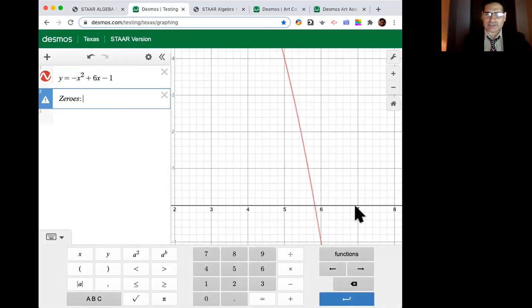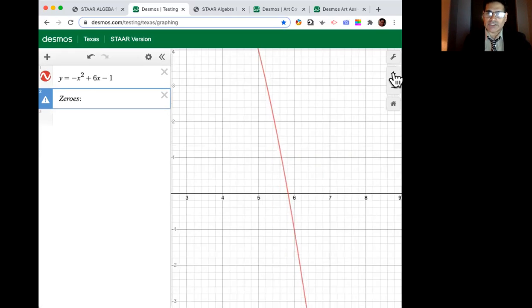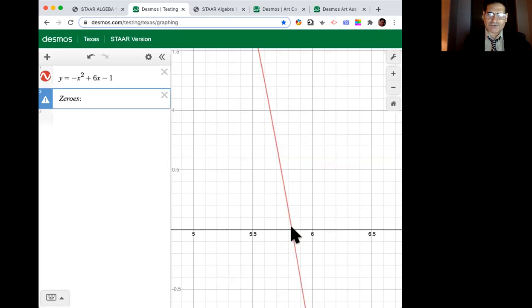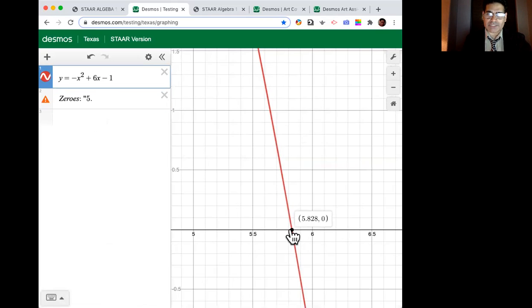And if I want to zoom in, I can zoom in with my fingers. So I can use this right here to very carefully look, it says 5.828. The zeros are at 5.828. This is an exact number. I mean, it's a decimal, but I want to copy it exactly as I see it.